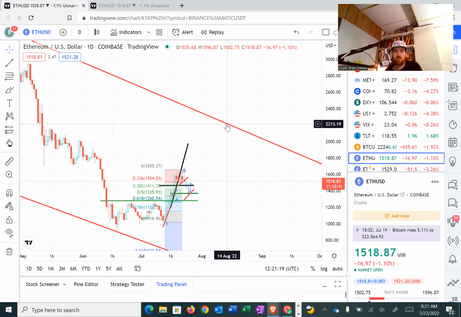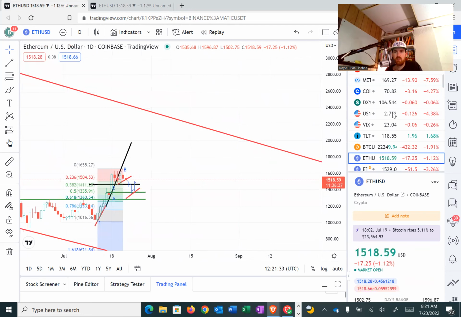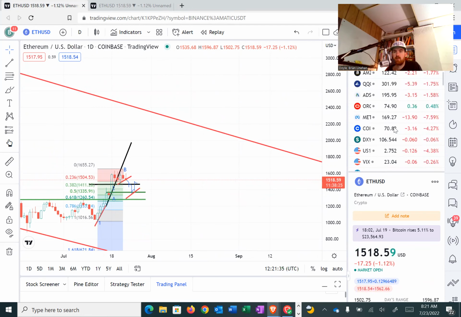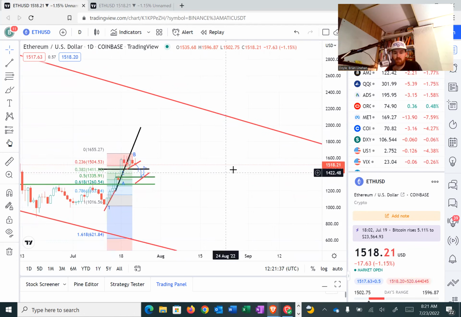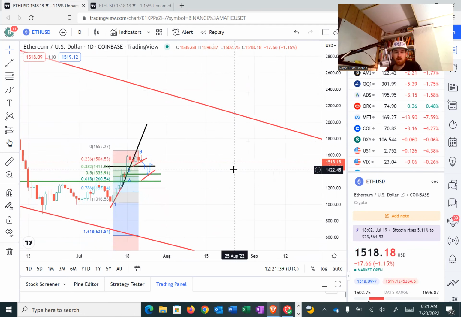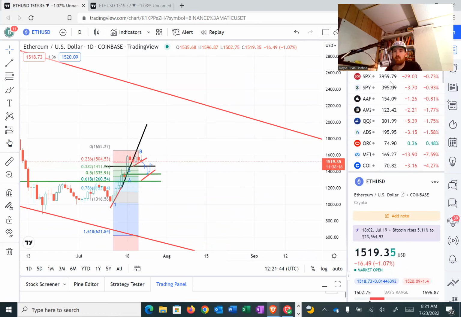Maybe we just quickly go up there after this little sell-off. We fly up. I don't know. So it's definitely something that is a little bit riskier right now to do, because of what's playing out in the market, and because we're potentially in a bear market.